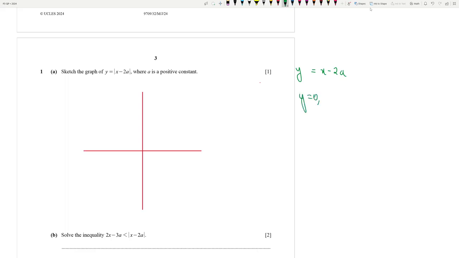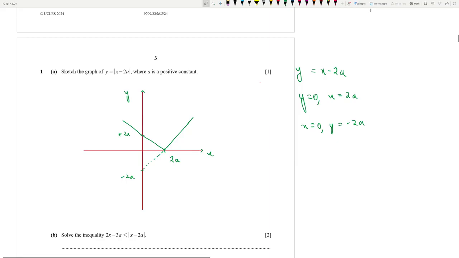When y is equal to 0, x is equal to twice a, and when x equals 0, y is equal to minus twice a. So if this is twice a, this is minus twice a, the graph should be like this basically. But due to it being a modulus, it's just going to be a reflection on the x-axis. So this is the graph that we're aiming for.